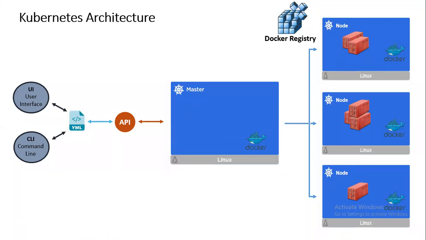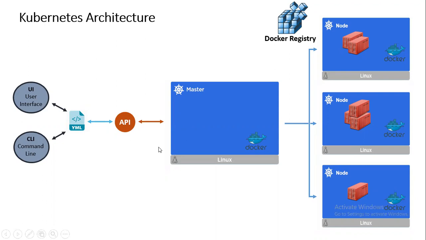Okay. And how do we communicate to the master? There are some UIs using which you can communicate to the master, or you can use some command line utility. But regardless of this, internally, the master or the Kubernetes control plane has certain APIs. So using those APIs, we are going to communicate to the master.